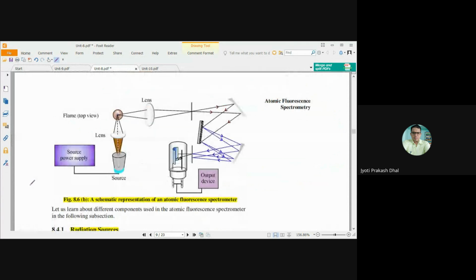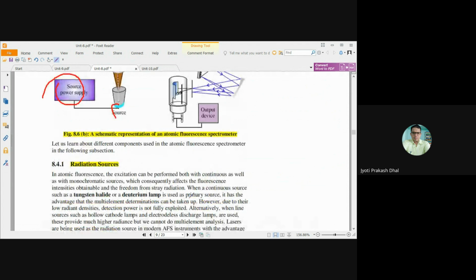And in figure 8.6b, you can observe a schematic representation of the atomic fluorescence spectrometer. Here this is the source power supply. This is the source, and through the lens that will go into the output device and observe the signal.